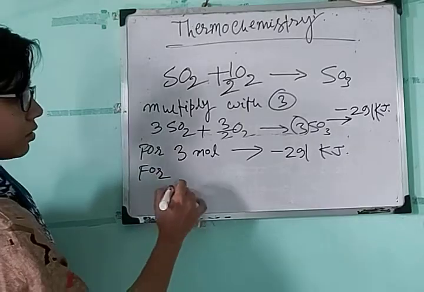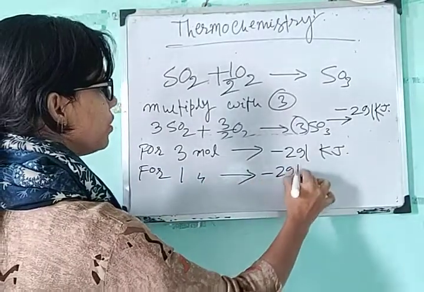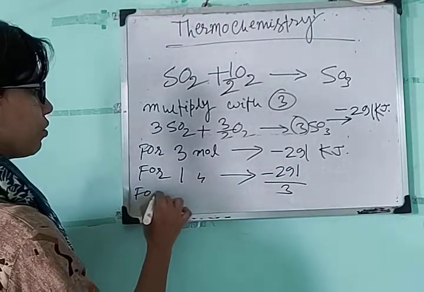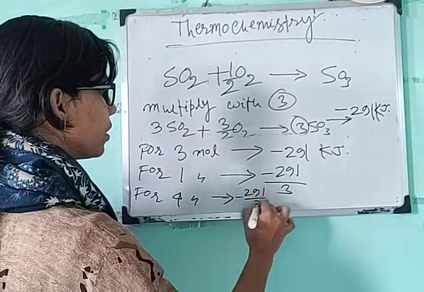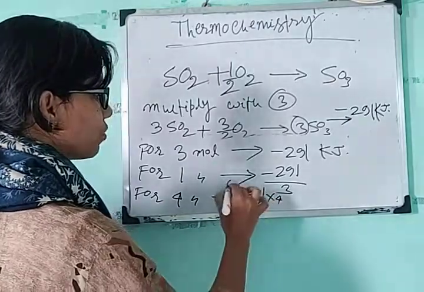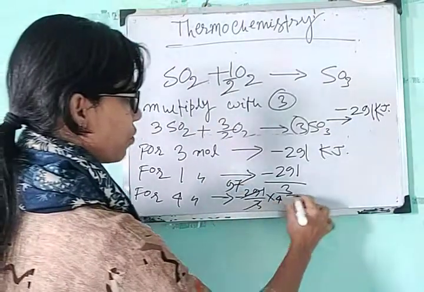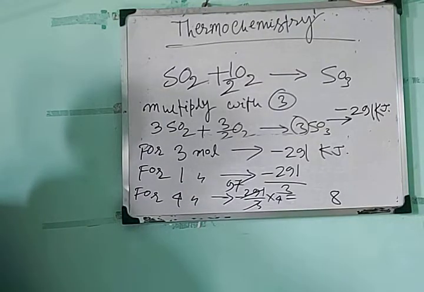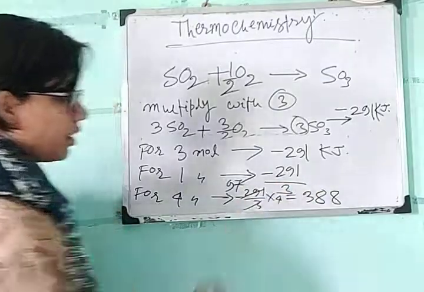For 1 mole the value is minus 291 by 3. So for 4 mole the value will be minus 291 by 3 into 4. So 3 into 97 is 291, and 97 into 4 means 388.